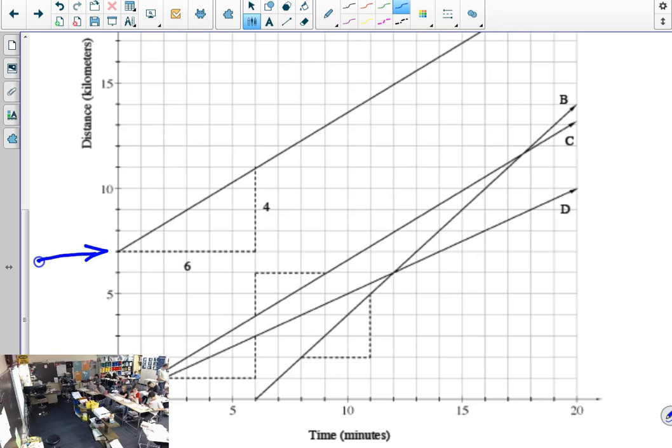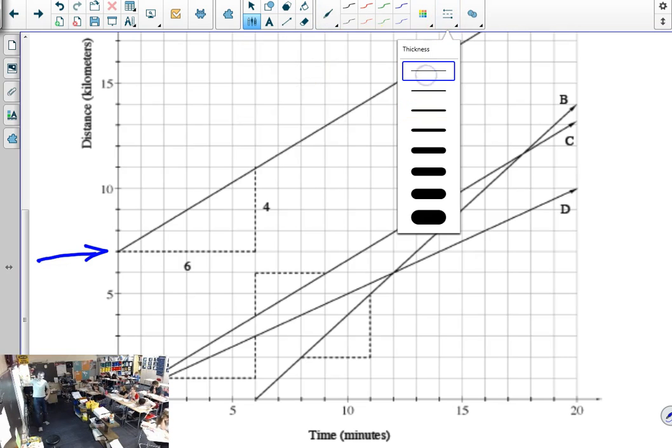I think I'm doing this wrong, but I'm still gonna do it. No, the area inside of it doesn't matter. From that point to that point, it went a change of x of 6. So it took 6 minutes to go 4 more kilometers. So think about what the triangles are representing here.